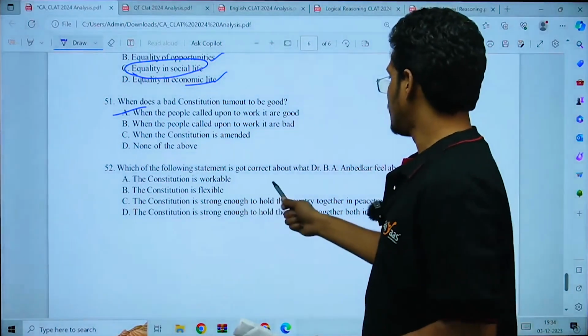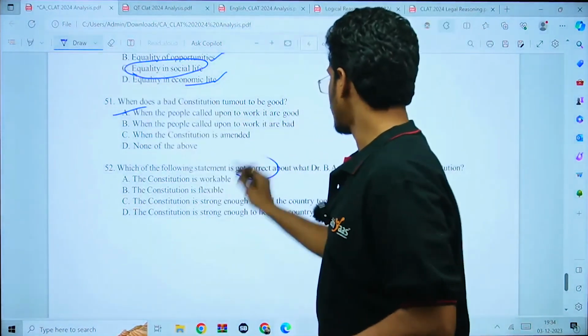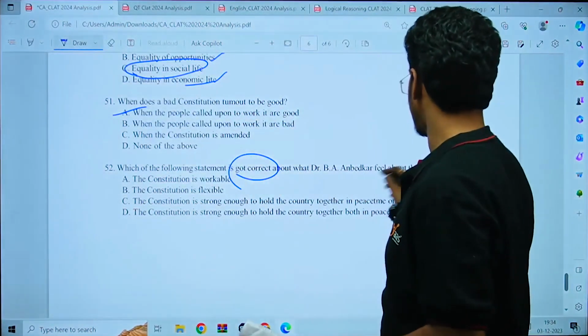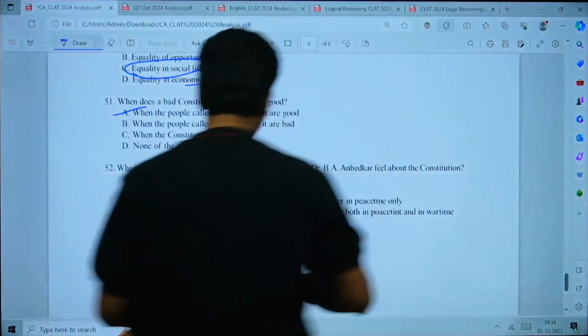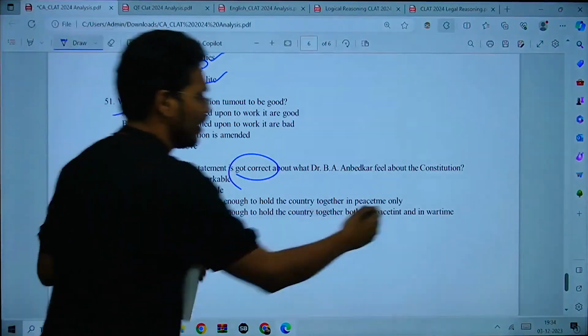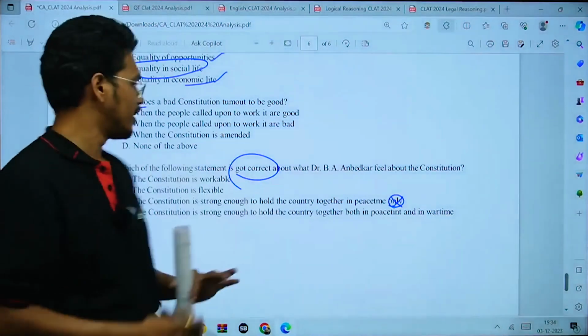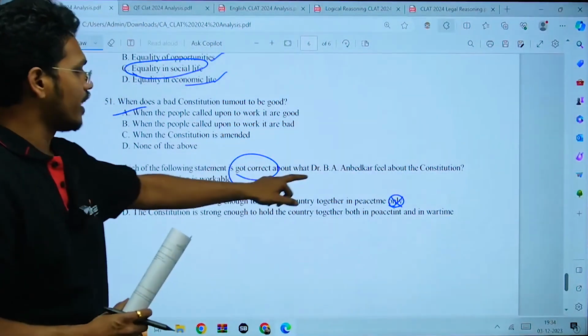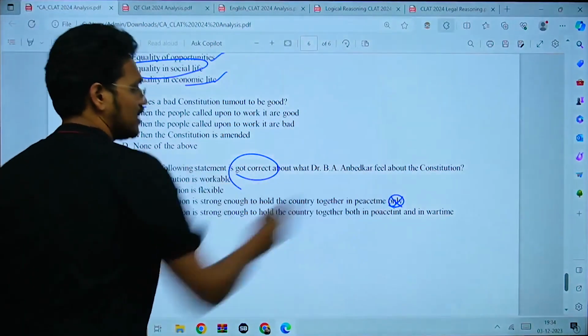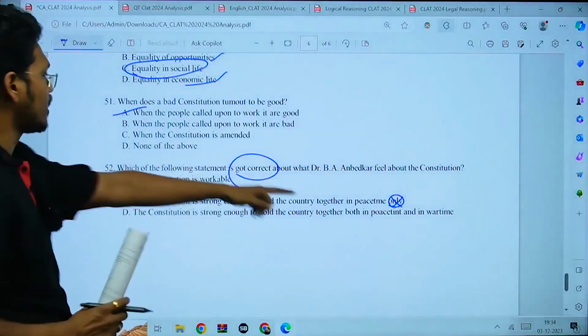Which of the following statements is not correct about what Dr. Ambedkar felt about the constitution? Directly we can eliminate the options with only. Whenever it says only, that is basically a wrong answer. So not correct is the right one.